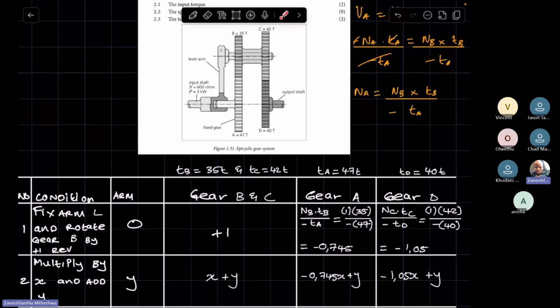Now, if you look here, you have NB. NB is meshing with this, but it's not meshing with anything else. So in terms of number of teeth, we cannot use that.